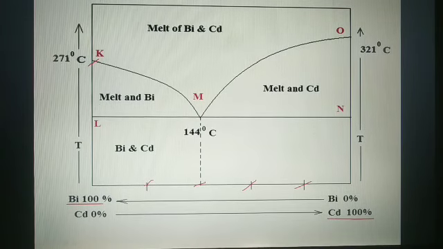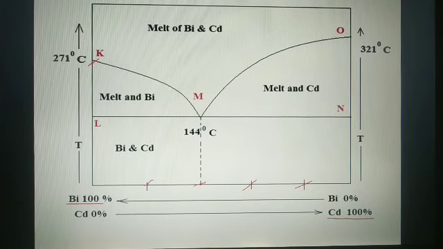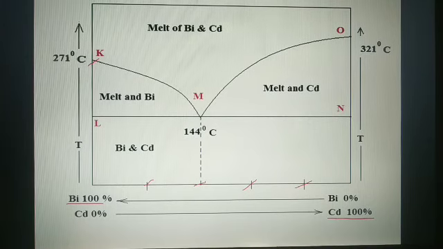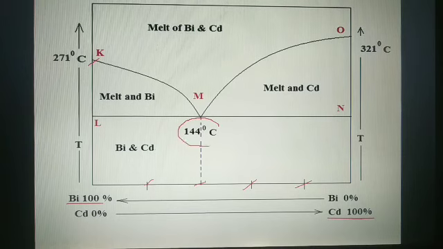In this way the composition changes. So as you start from point K, the melting point of bismuth decreases with the successive addition of cadmium. It continues to decrease up to the point at 144 degrees Celsius.